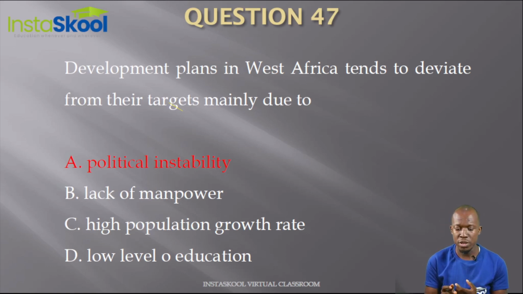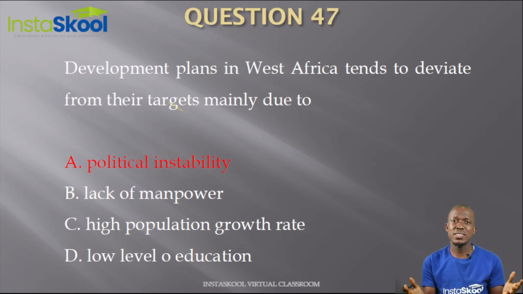One major problem of development plan in Africa is the political instability. Almost all African countries have experienced change in power in the past decades that have made it difficult to concentrate or to achieve the goals of their development plan. So when there's a change in government, the new government does not follow the development plan of the previous government.